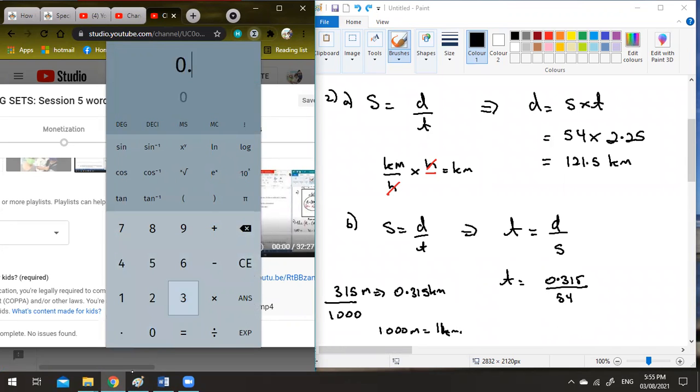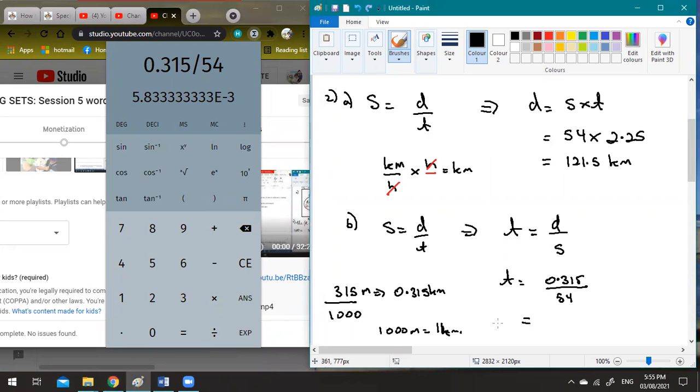0.315 divided by 54 equals, I don't want it like that, so let me get my other calculator. 0.315 divided by 54. So the time it will take is 0.00583.